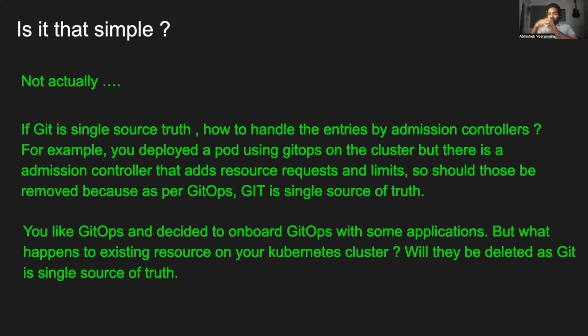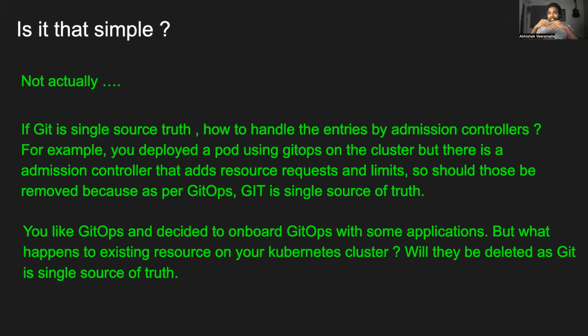Will a GitOps tool remove these things? If it removes them, then your pod deployment will fail, because you might be in a cluster where resource requests and limits are mandatory. And some admission controllers keep adding annotations, labels, or anything like SCC to your pod. So how does GitOps handle this kind of thing? That we will try to understand.